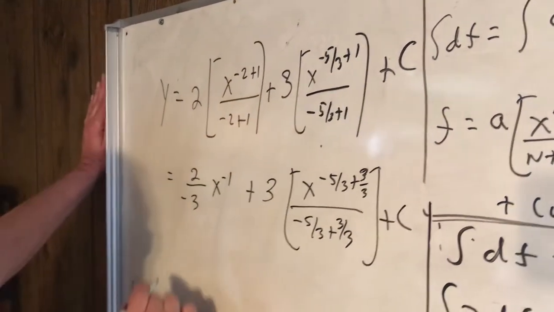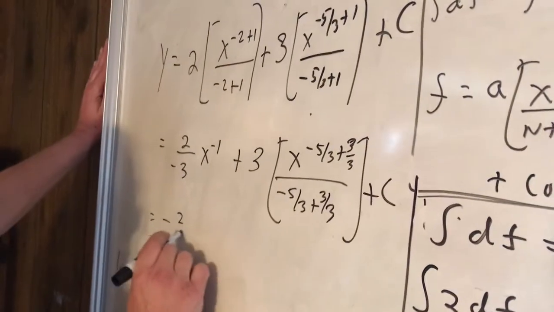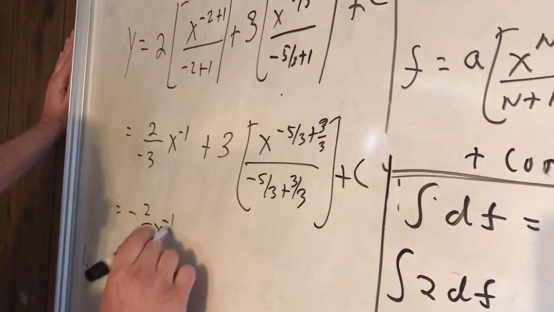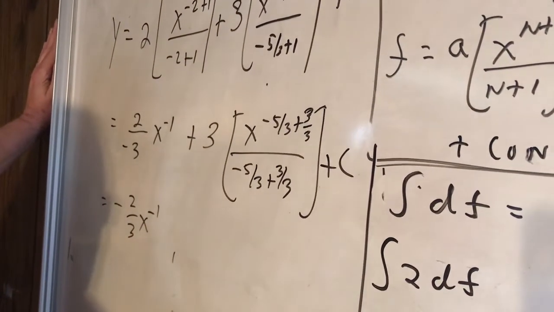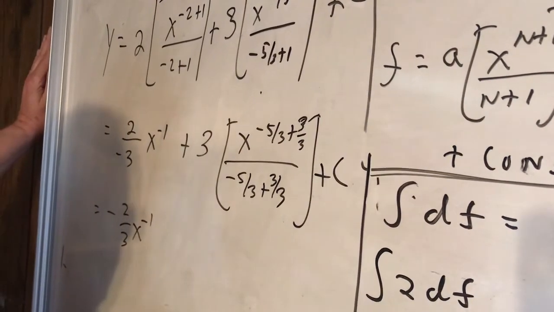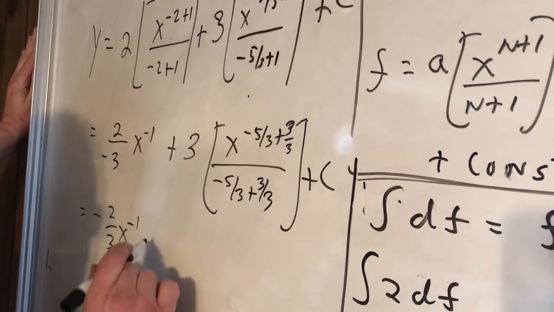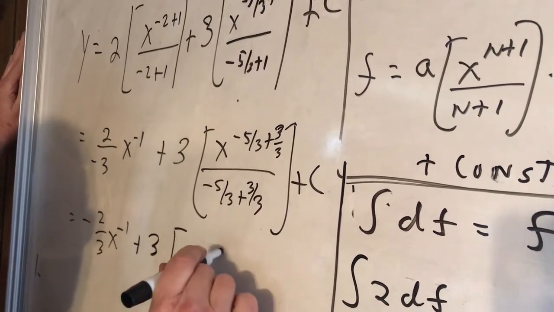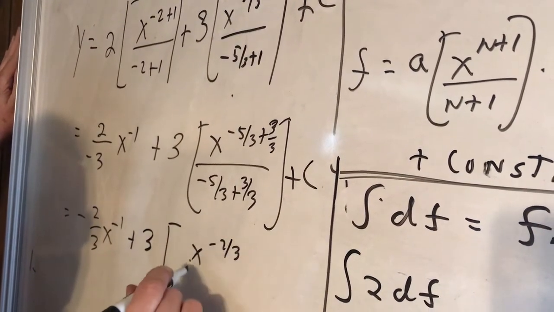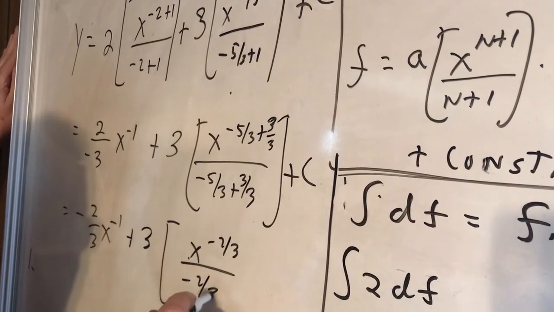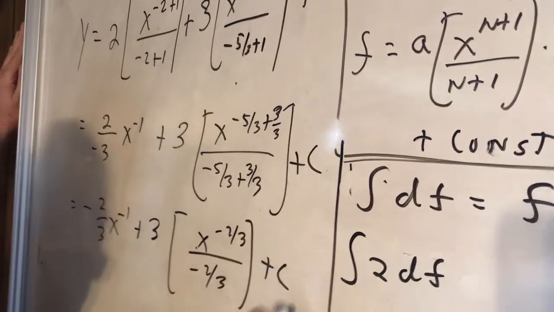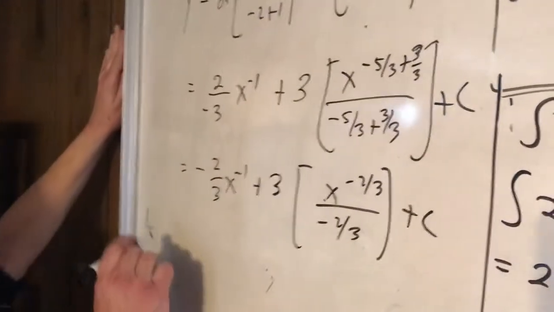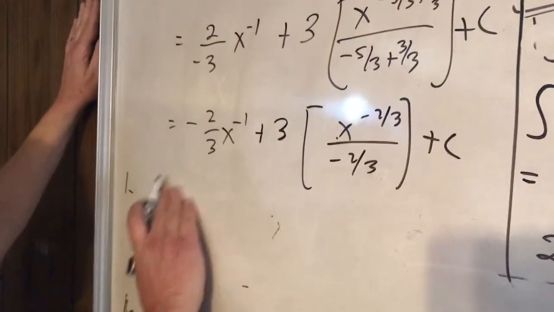So what this becomes is minus 2/3 x to the minus 1. And you got minus 5/3 plus 3 is going to be minus 2/3. X to the minus 2/3 over minus 2/3 plus c.